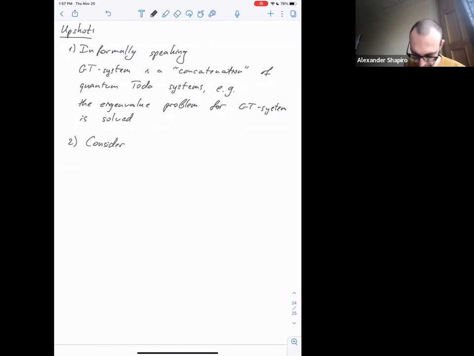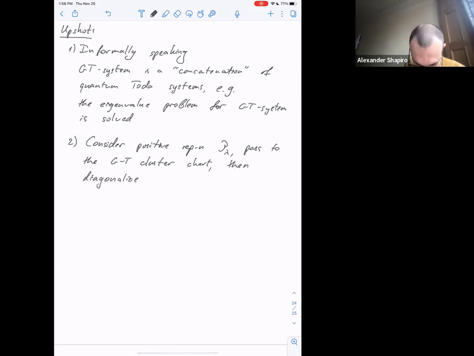If we consider this positive representation P lambda, then we pass to the Gelfand-Tsetlin cluster chart, the cluster chart given by the quivers that we've just seen, and then diagonalize every single Toda chain, all Toda systems.